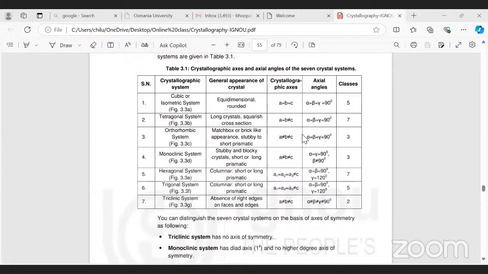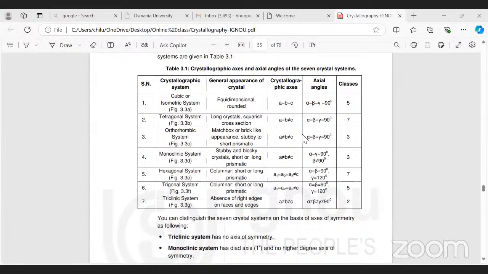Here is a table given, so it is very easy to understand the crystallographic axes and the angles as well as the classes.